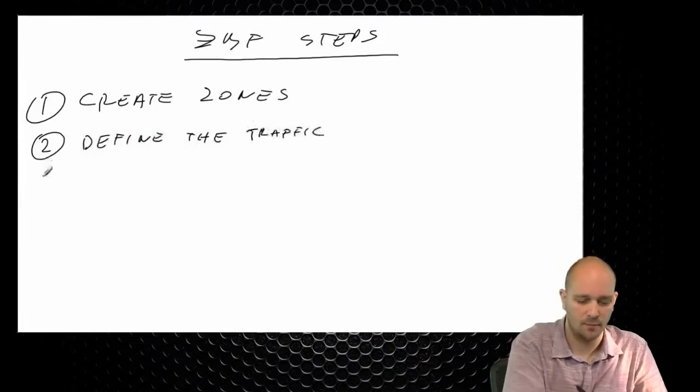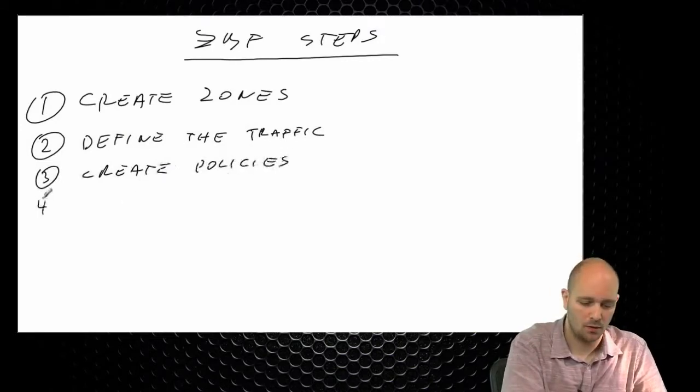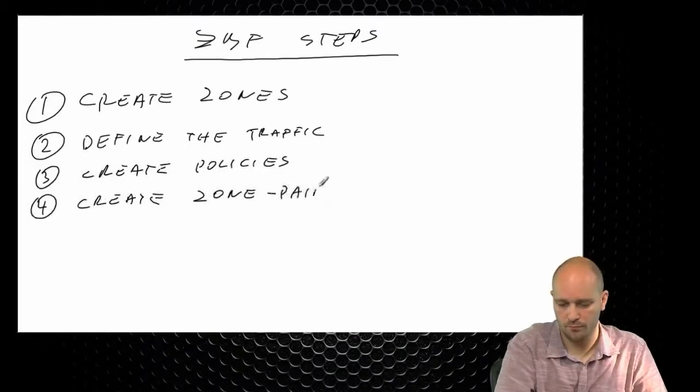That is interesting. Create policies. Create zone pairs. And this is basically directional traffic.